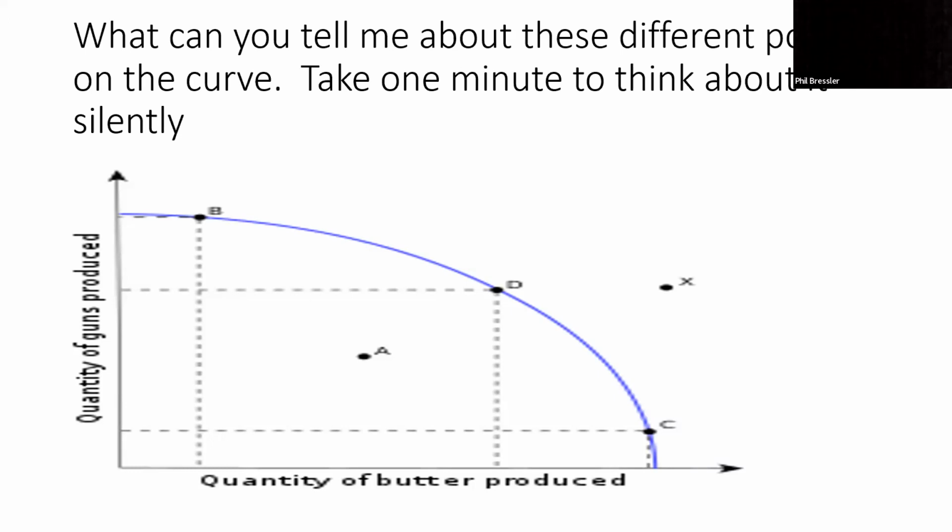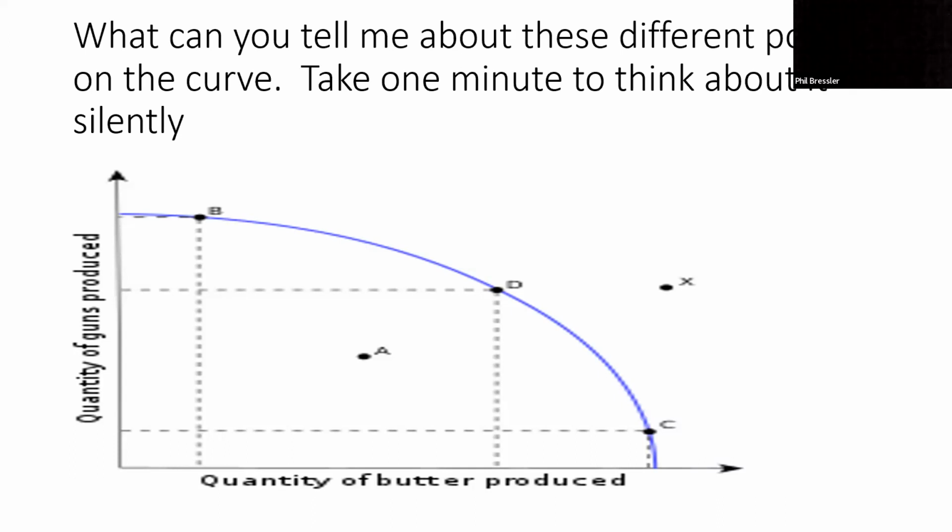Now, this curve is bowed out. By being bowed out, what does that say to us? What do we know then? Okay, resources aren't easily adaptable. That is totally correct. What else could you say if the curve is bowed out?